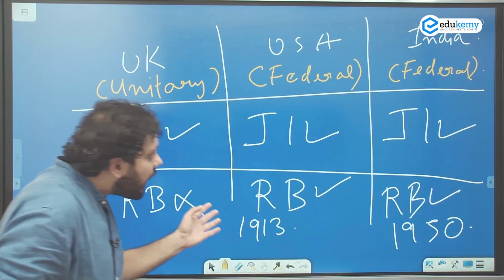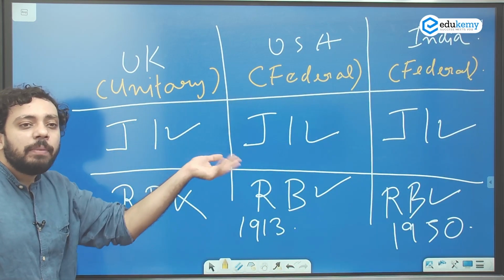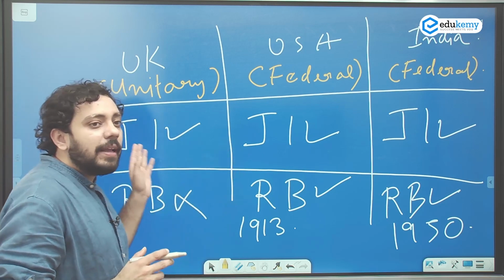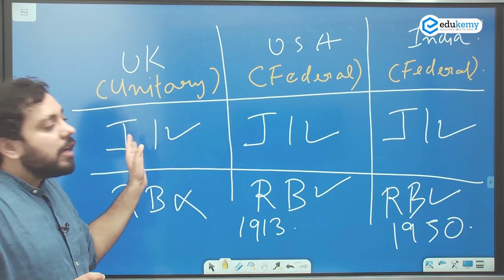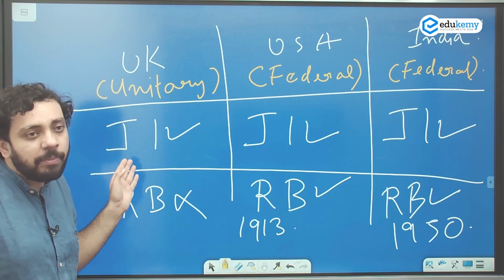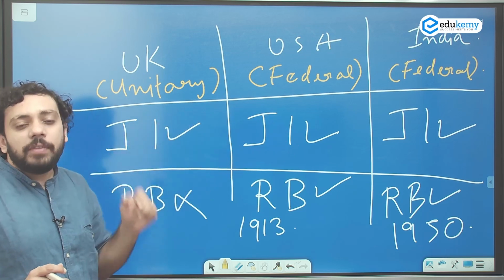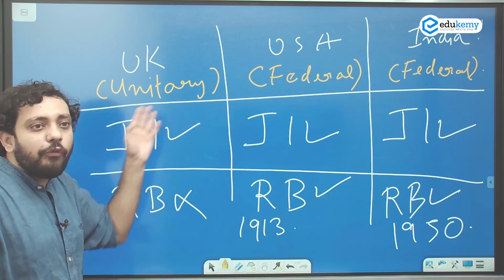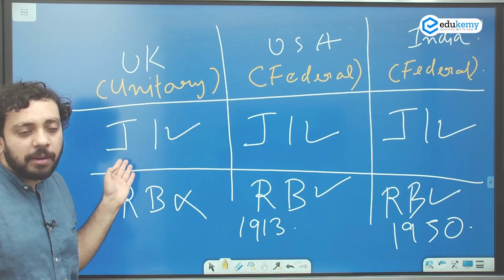We can look at what is common between the two federal polities. The common element between all three is judicial independence, which means that even a unitary form of government has judicial independence, and certainly these two have it. So it is not necessary for a federal polity to have judicial independence.